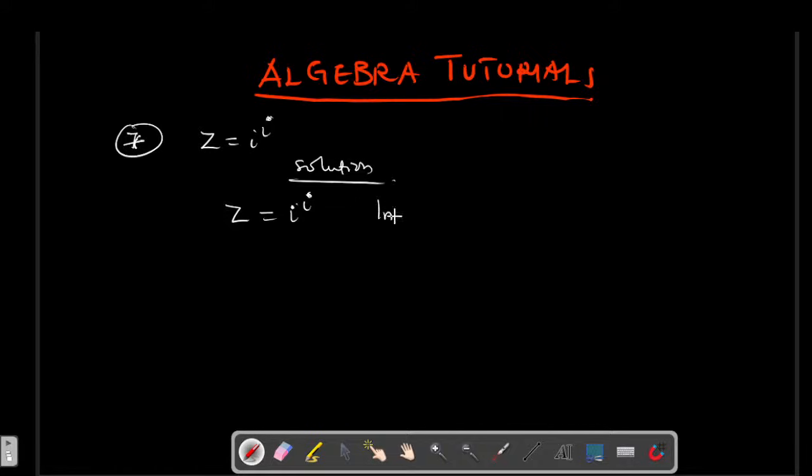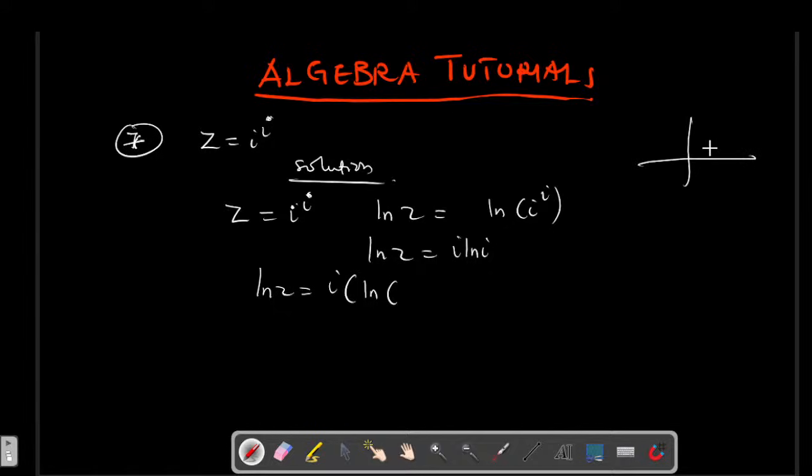So natural log of z should be equal to natural log of what? I to the power I. Now in the logarithmic form, I can bring my power I down by logarithmic rules, right? As simple as this. At this point, we can convert this I attached to the log to the polar form and we move on. So ln z is equal to I multiplying the natural log of I. What is I?